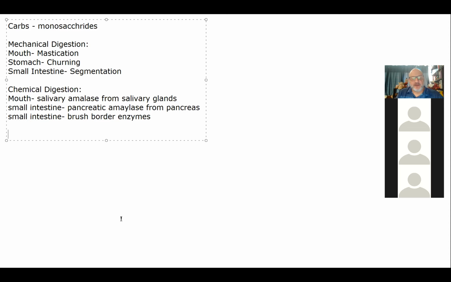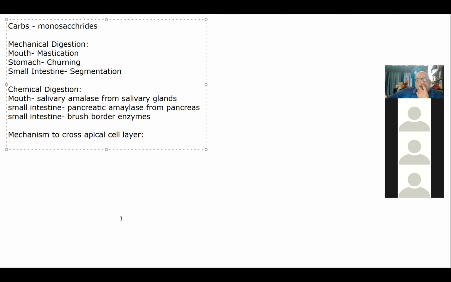All right, excellent. So we need to pass the apical cell layer. What's the mechanism, or mechanisms, to cross the apical cell layer?